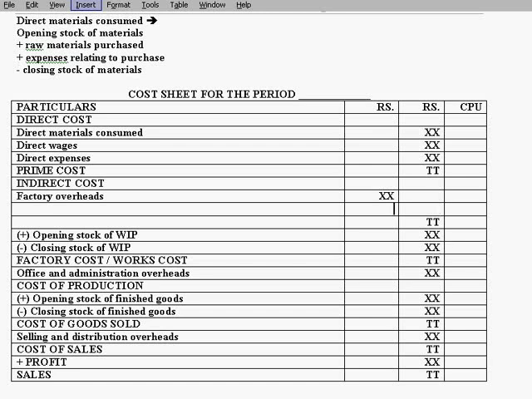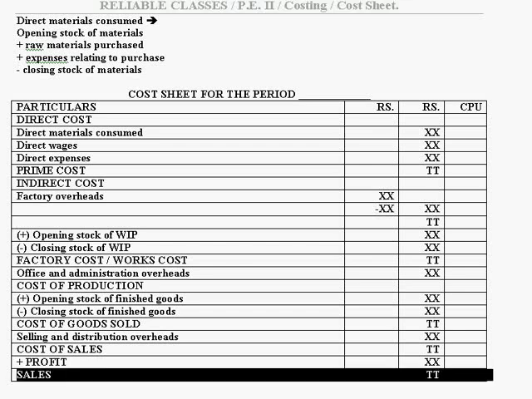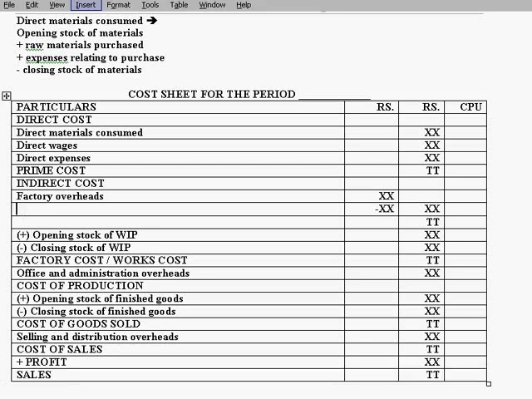Is it fine? Now why here? You can see that in the entire cost sheet we have taken only one income, that at the end, sales. This sales is of what? Goods, finished goods, correct? Apart from that there is one more income that we take in cost sheet, and that is sale of scrap.